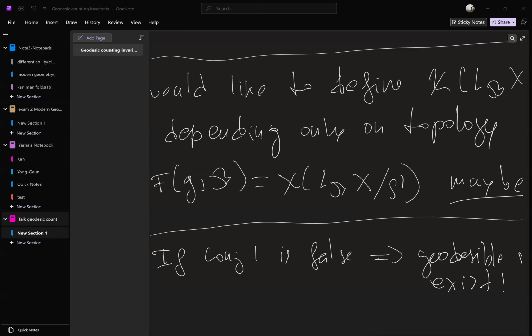It's a rational number: the return index of an orbit, just plus or minus one, and then you divide by the multiplicity. And then he extends this to a compact set of orbits.